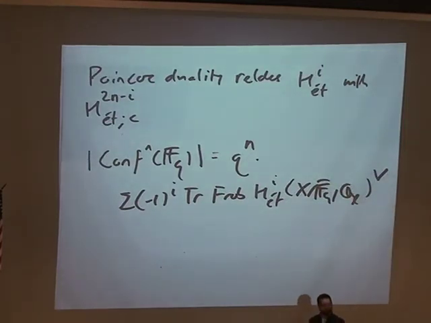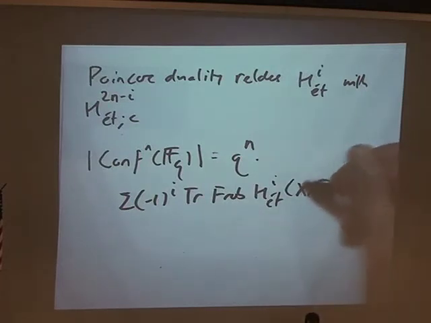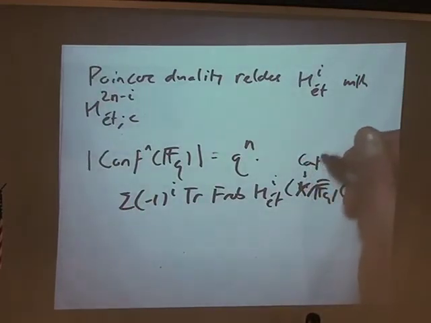So this is the Poincare dual version. I probably should have just written this one, actually. For all smooth varieties, this is okay. So this is like some scary, long, alternating sum over étale cohomology groups. And sorry, here, X is Conf n.